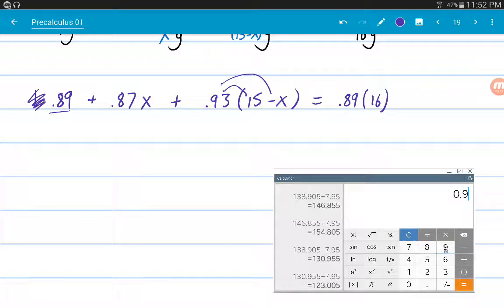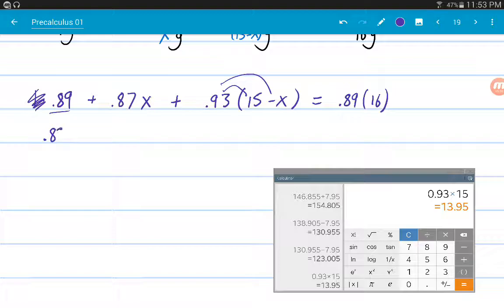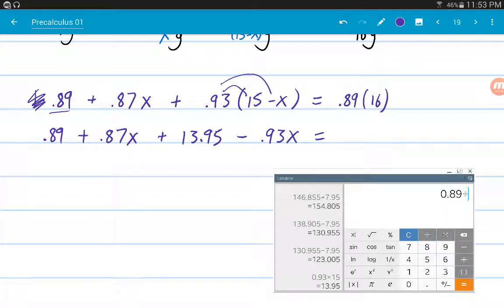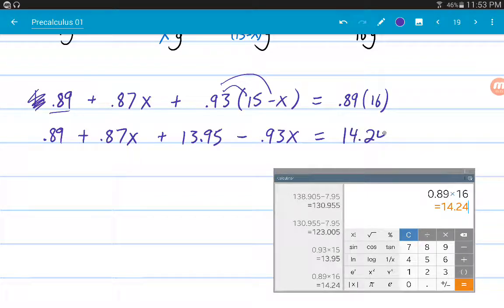This is going to be 0.93 times 15. So 0.89 plus 0.87x plus 13.95 minus 0.93x equals 0.89 times 16, which is 14.24.